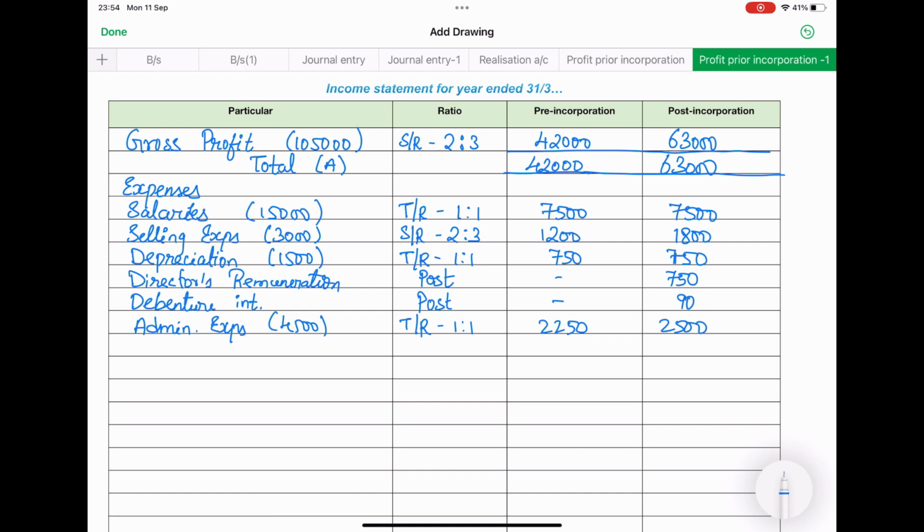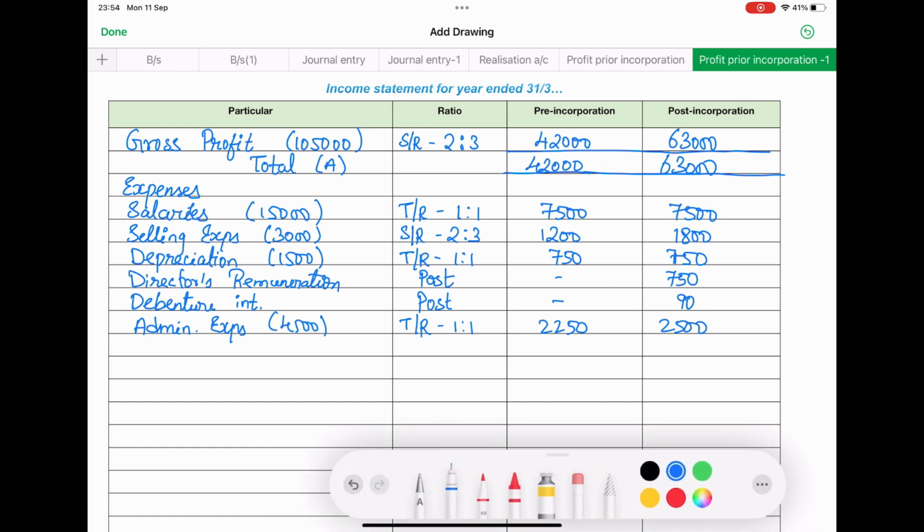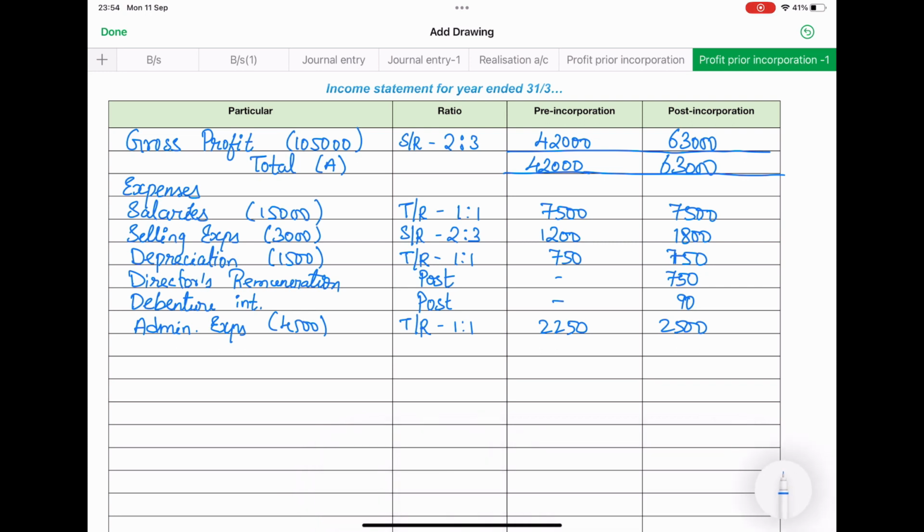Now we are going to identify the net profit over here. How are we going to identify the net profit? This net profit is not the same as the previous things you have learned. This is a bit different. So I'm going to write my total A over here.